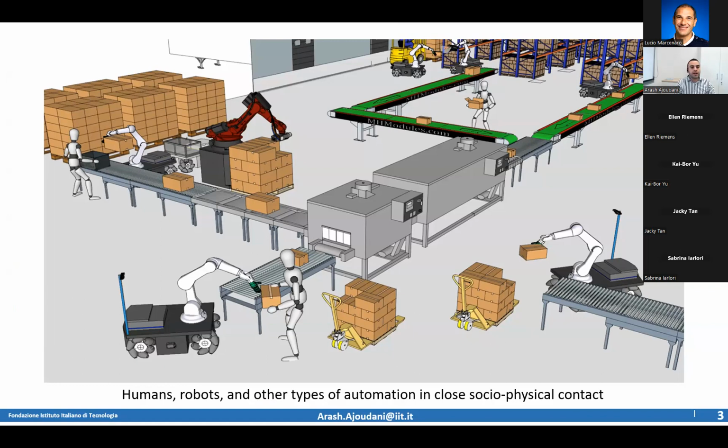Just to give you an image of a future industrial application, it can be production, it can be logistics, or any service industry that you can have in mind. In the long term, maybe we will have very autonomous robots, but a long horizon in the middle will be an intermediate integration.